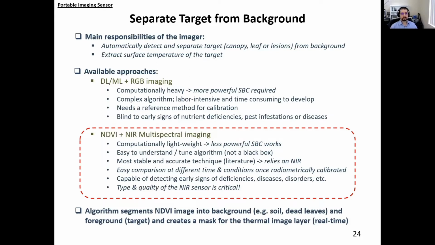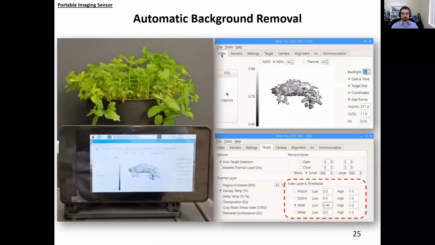So at the end of the day, the algorithm segments the NDVI image into background and foreground for the target, and then creates a mask for the thermal image layer. And this happens in real time. This is just an example of the imager doing the segmentation and separating the canopy from the background.